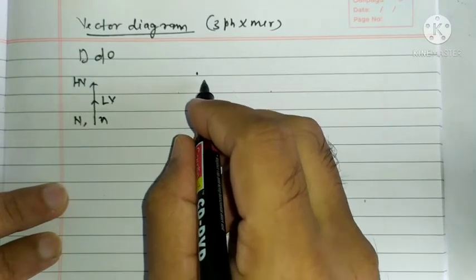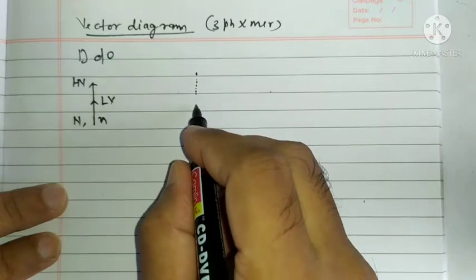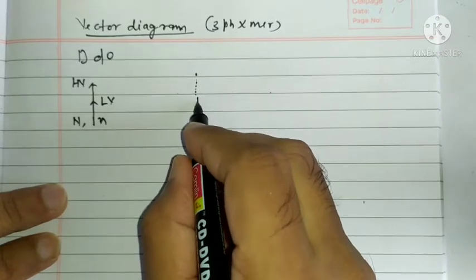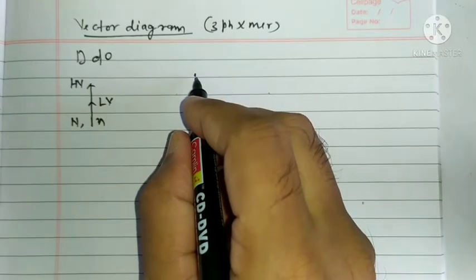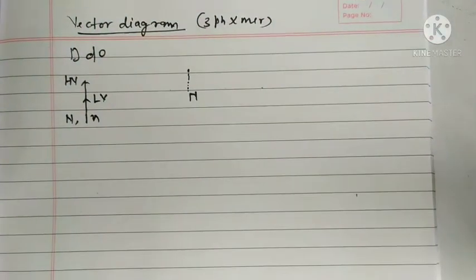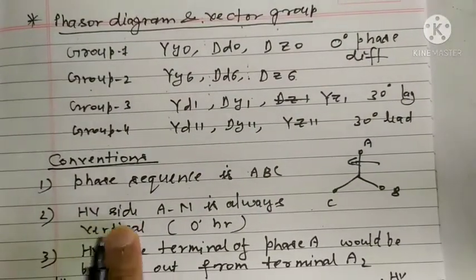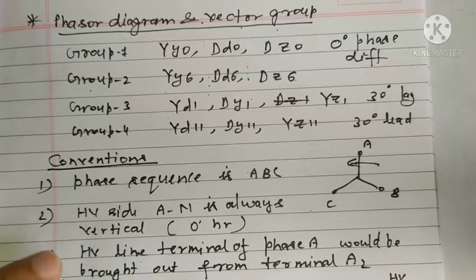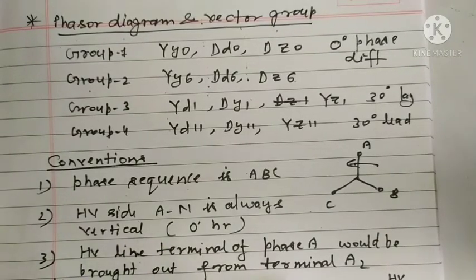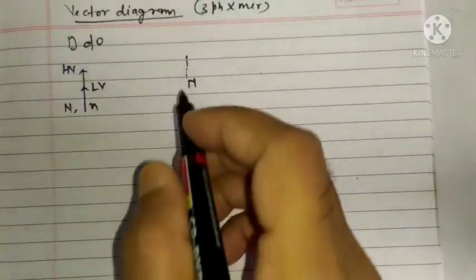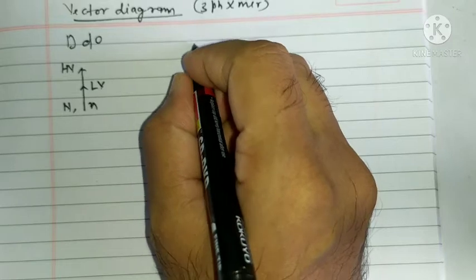In delta we don't have neutral, but I can consider an imaginary neutral. As per the convention, HV side A to N is always vertical. So A to N is vertical, and the A phase will be brought from terminal A2.